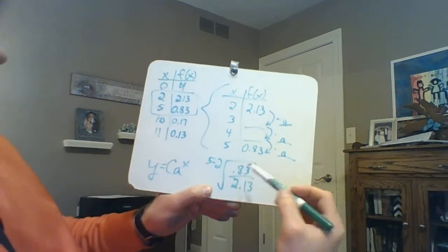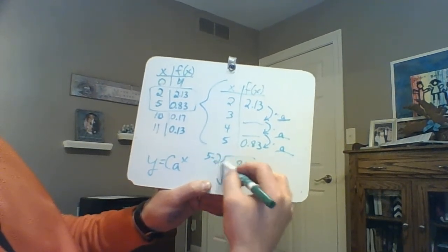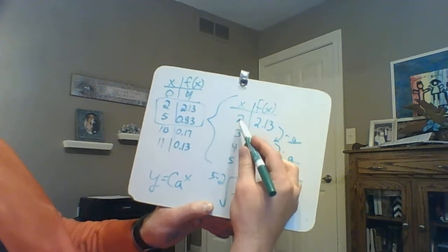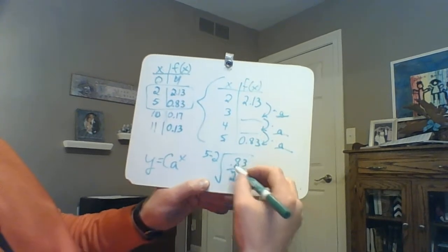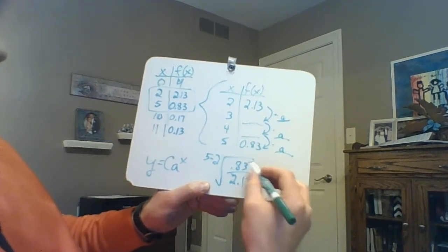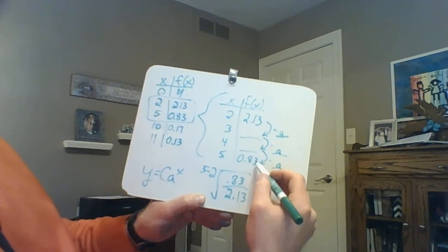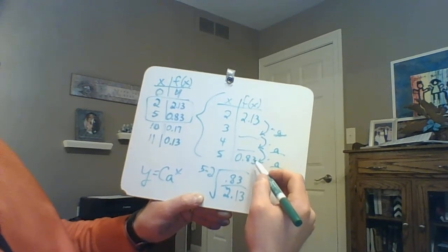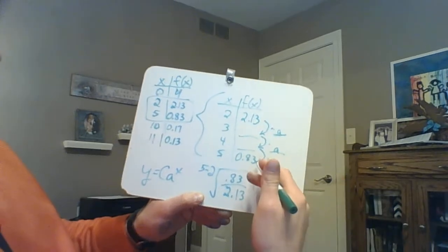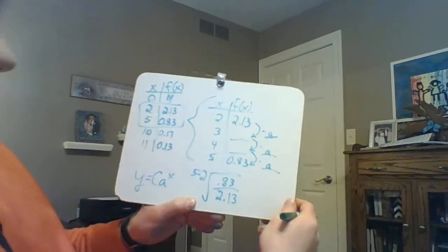Sorry about that. So the index of your root comes from the difference in your x's, and what's underneath the root comes from the ratio of the further value divided by this first one here.